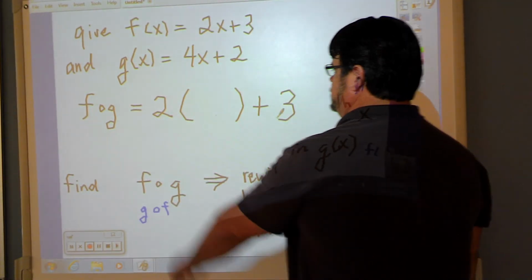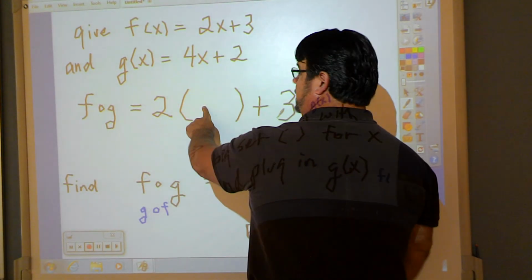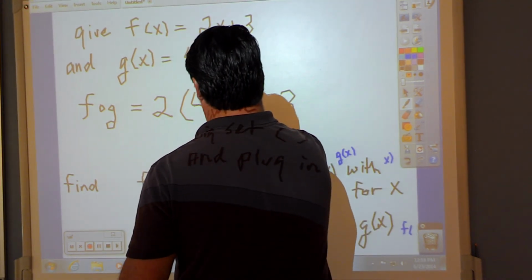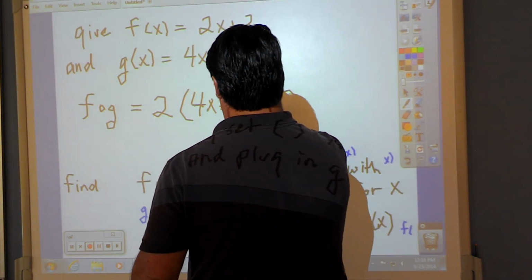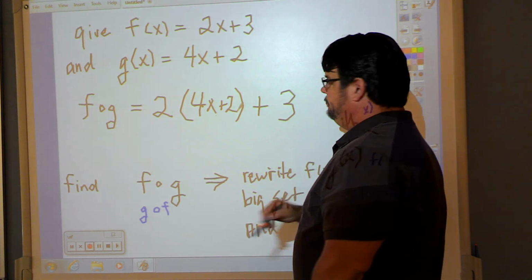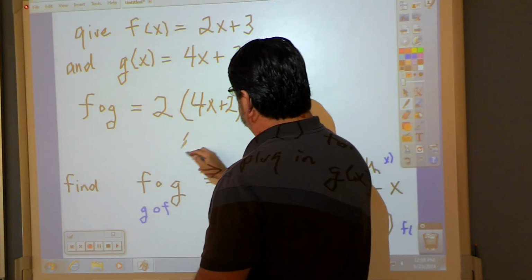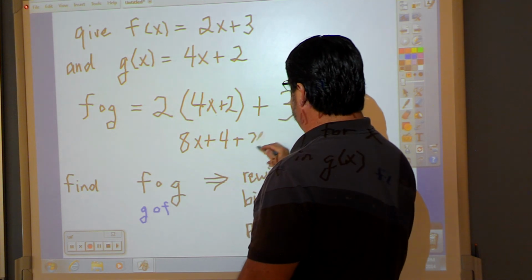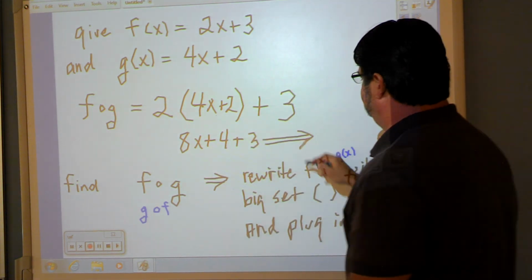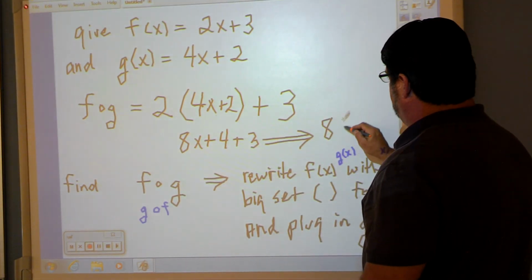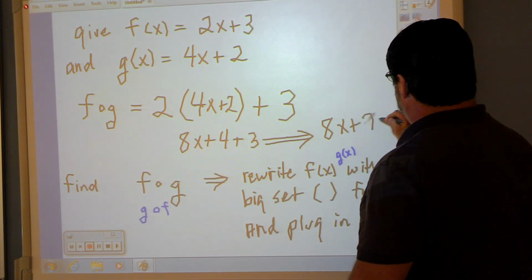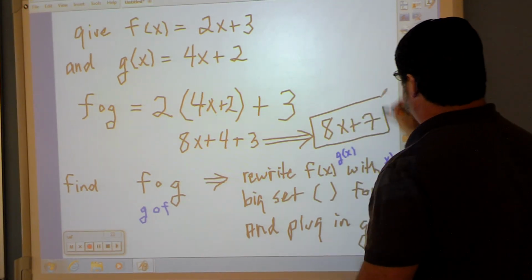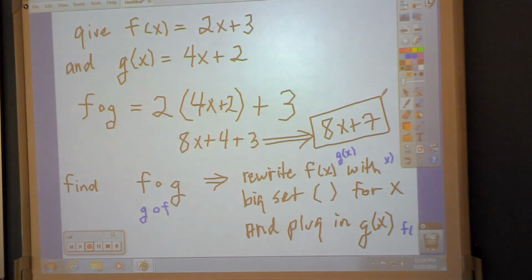And I'm going to take g and plug it in right there. And do it. 8x plus 4 plus 3 is equal to what? 8x plus 7. So f composed of g is 8x plus 7.